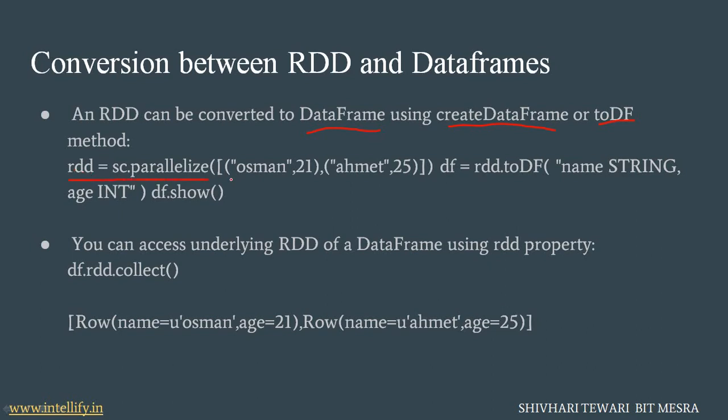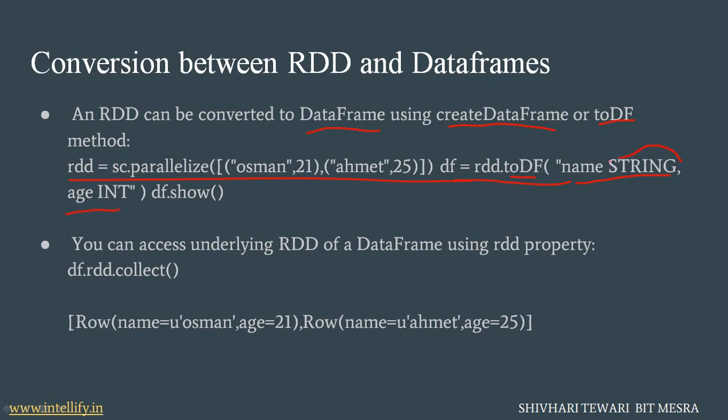rdd equals sc.parallelize, and here are the values. Then our df, that means data frame, equals rdd.toDF. The toDF is the command which is used to convert the RDD to its given data frame. Then name is a string, and age is an integer.